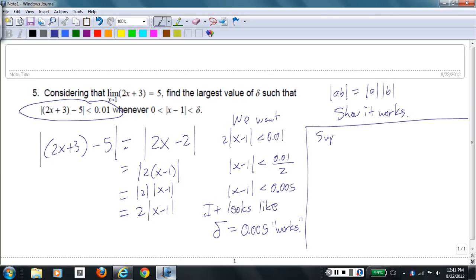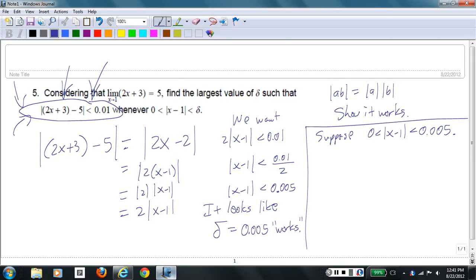Suppose 0 is less than the absolute value of x minus 1, and that's less than 0.005. Let's just make this assumption. We want to show that based on this assumption, as long as x is where it needs to be, 2x plus 3 minus 5 has absolute value less than 0.01.